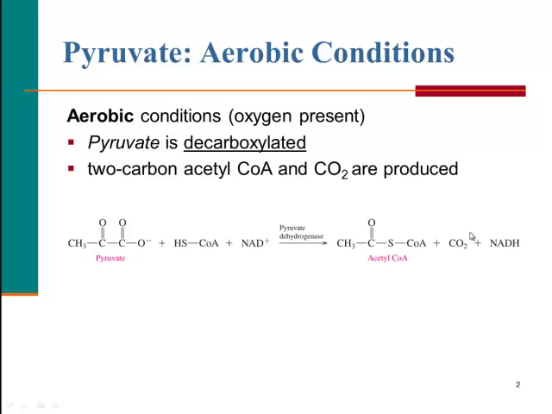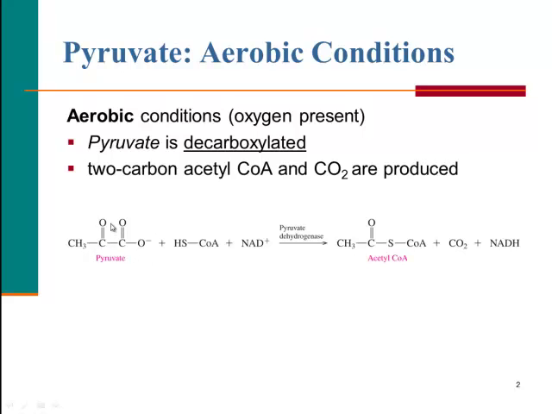Now, as this CO2 is produced, this decarboxylation reaction is an oxidation reaction because we're increasing the carbon-oxygen bonds for this carbon. In pyruvate, the carbon has 1 double bond O and a single bond O. So it's being oxidized by the production of a second bond right here to produce carbon dioxide.